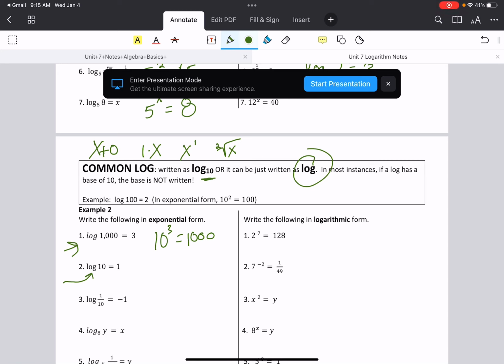Because I don't see the little number. So what is it? 10. And the last one, 10 again. Nothing to solve on those ones. I'm just rewriting it and trying to explain common log.